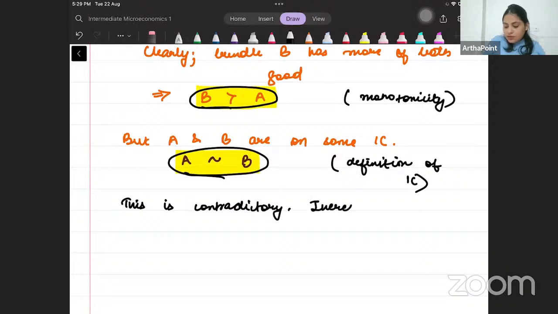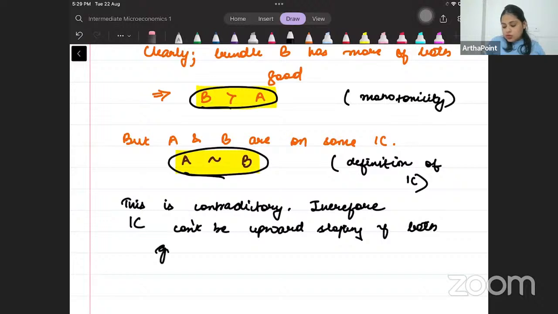Therefore, IC cannot be upward sloping if both goods are good goods. But IC can still be upward sloping when I have one good as a bad good. ये वाला केस मैं अभी नहीं कर रही हूँ, ये इस बुक में अभी नहीं है.